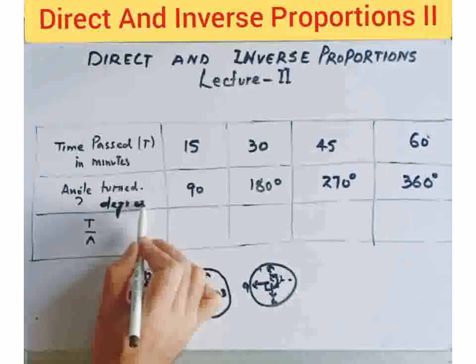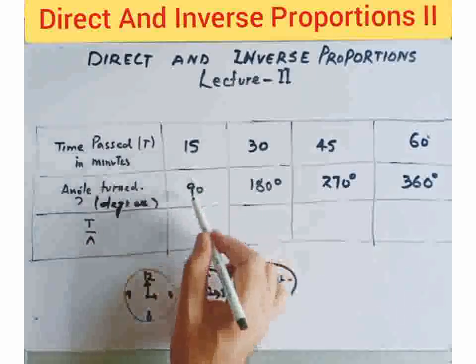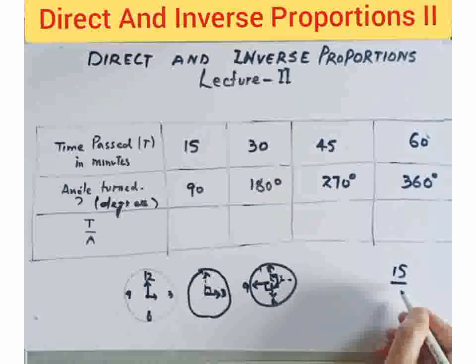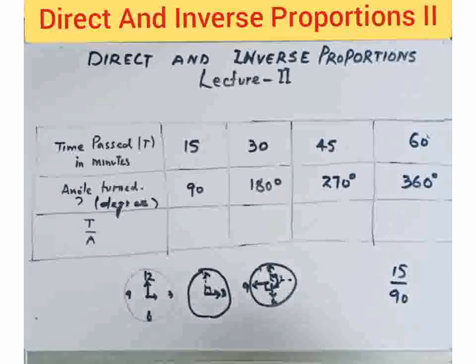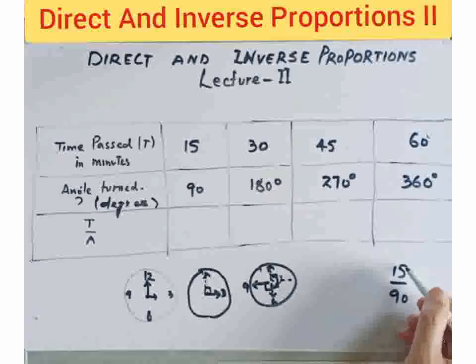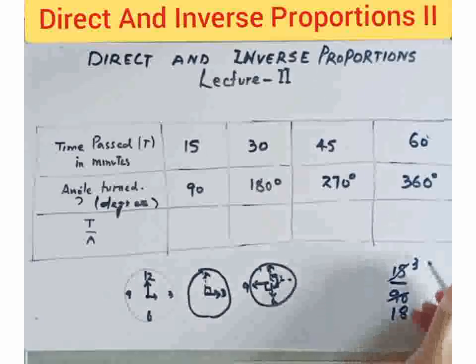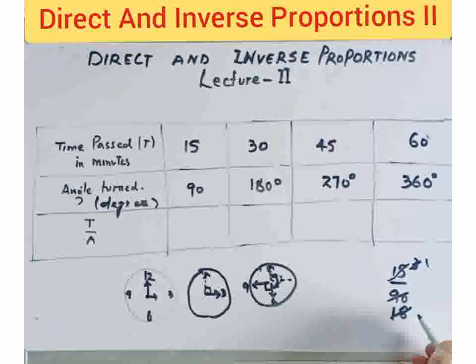If you divide 15 by 90, the ratio of time passed to angle turned, 5 3s are 15, 5 1s are 5, 3 6s are 18.